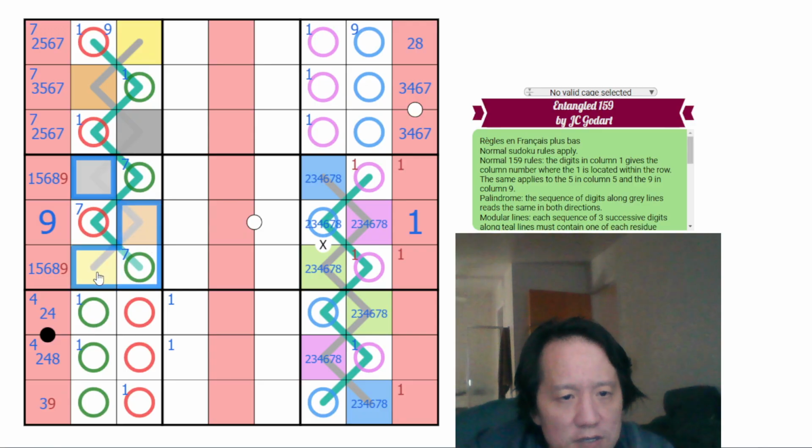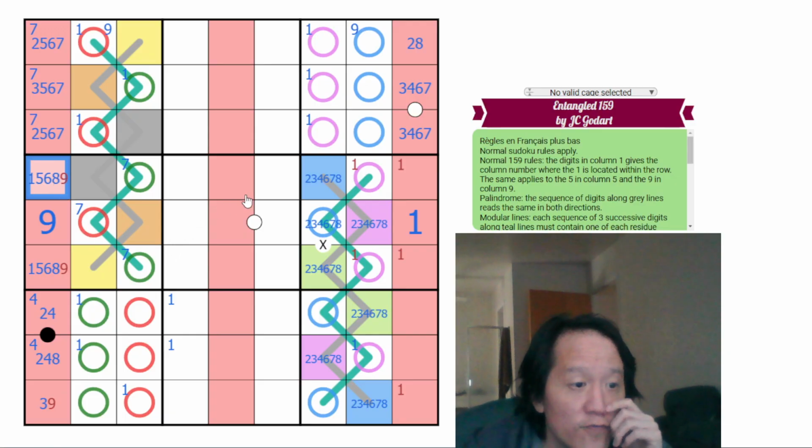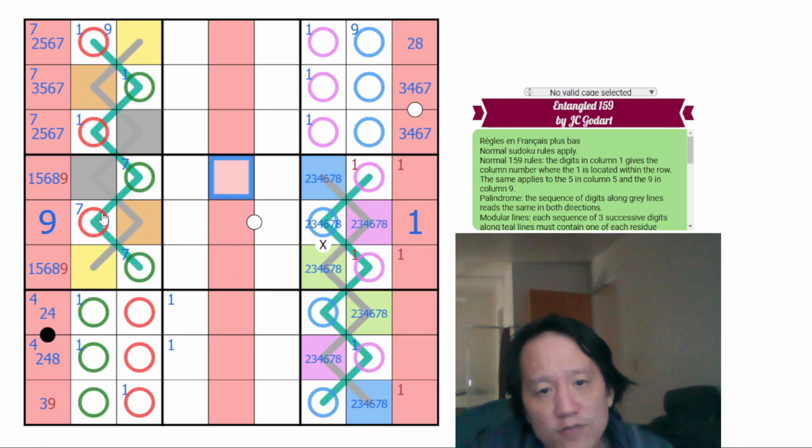Ah, but these are 3 different modulars. Therefore, this has to be 1 and 5. So this would have to be 1 or 5, which means this is 1 or 5 also in that case, right?